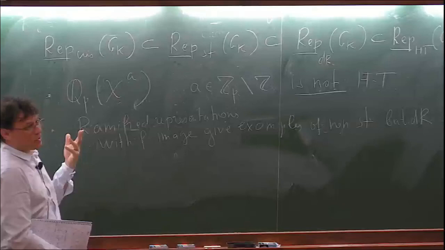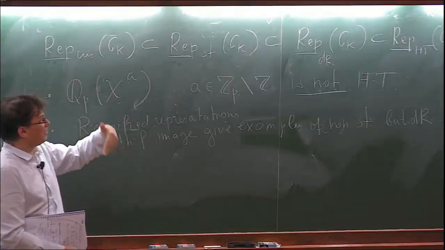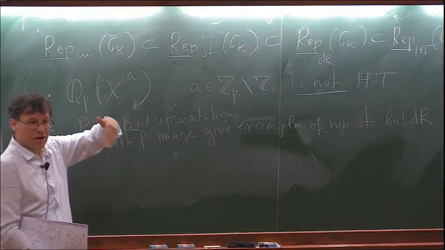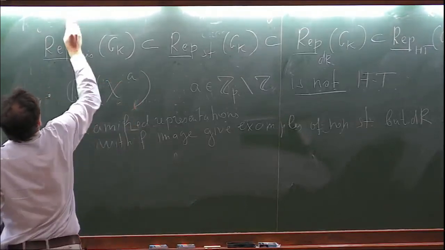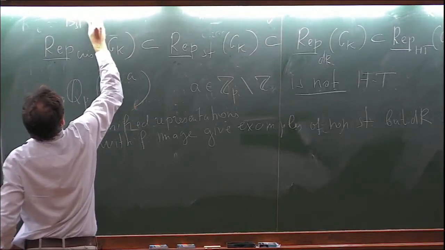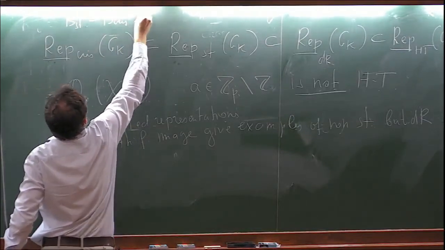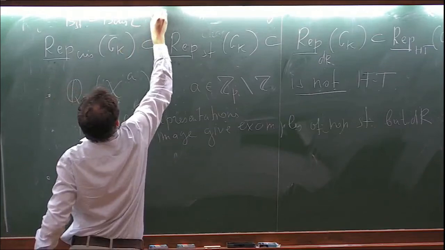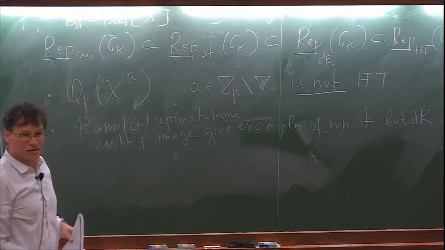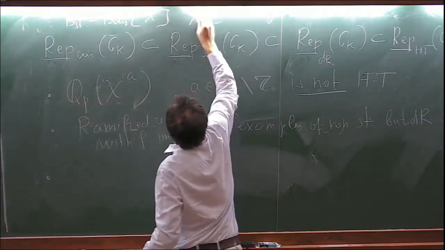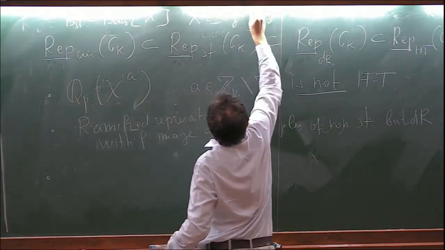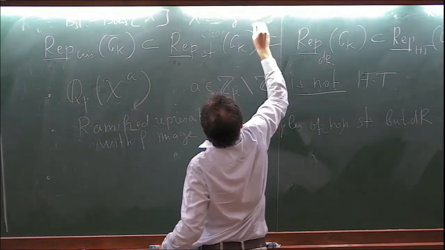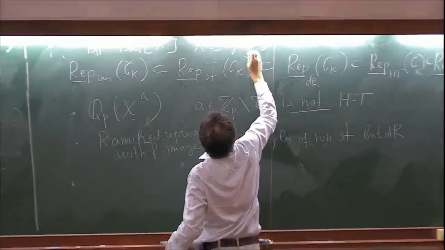To give an example of a semi-stable representation which is not crystalline, one should just imagine constructing a representation which is recovered by this special period. So the semi-stable ring is obtained by adjoining to B_cris some special period, which is the logarithm of this element.